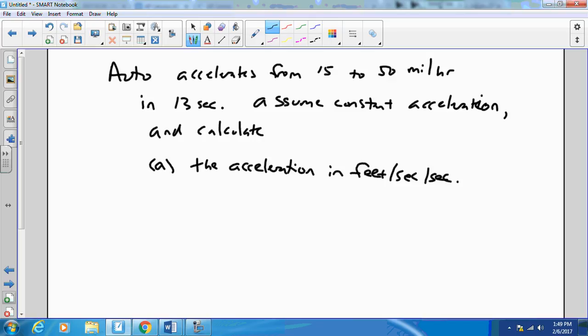Second, the distance the car travels in a given time.